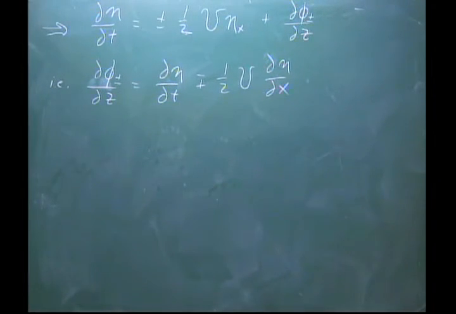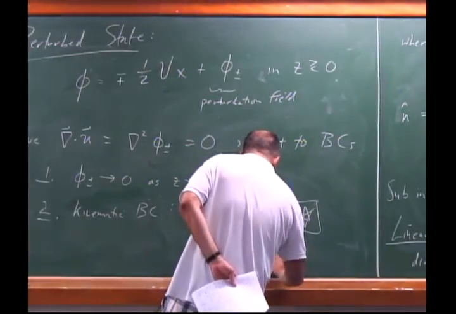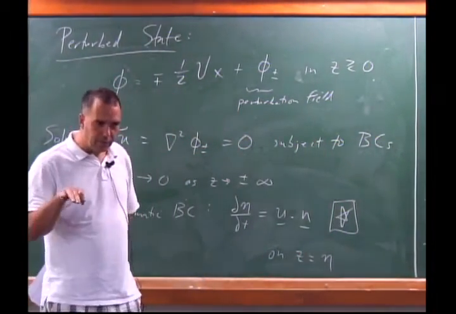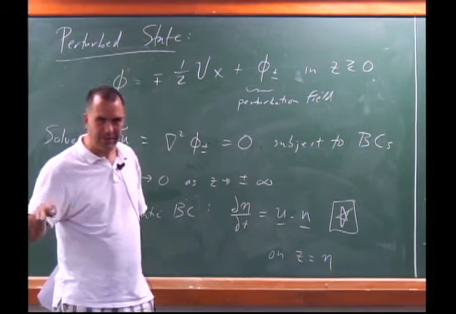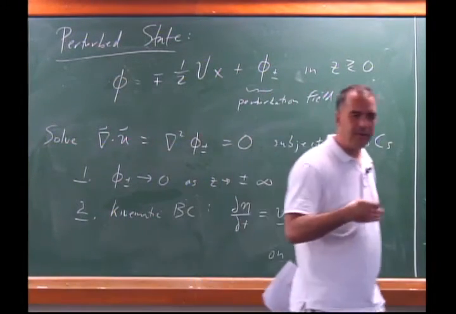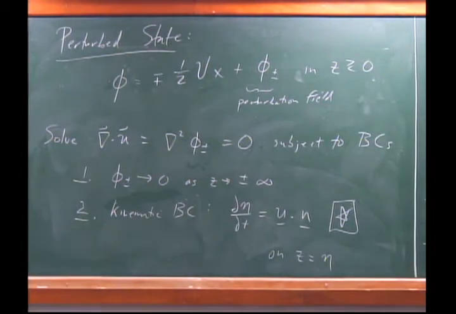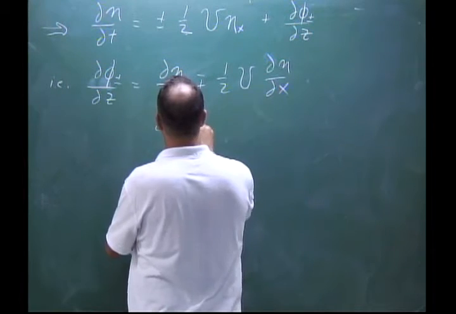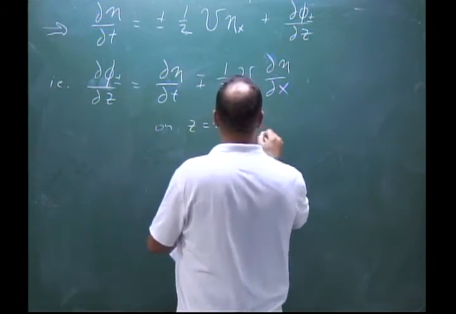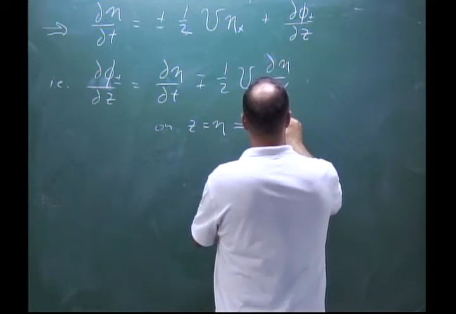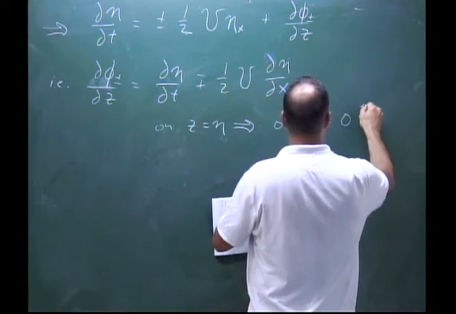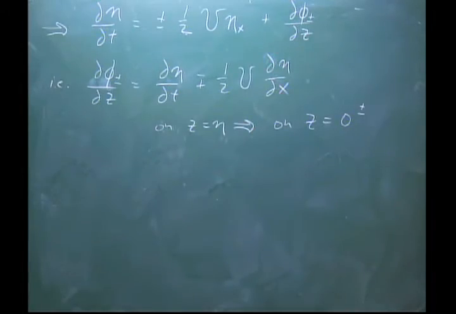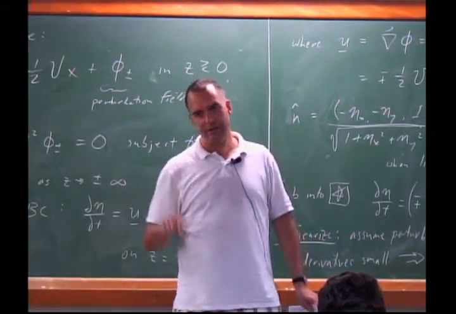So the interface is, of course, on z equals nu. But again, we're assuming these are infinitesimal perturbations, so you basically can just say these boundary conditions apply at z equals 0. Okay, so that's all consistent with the linearization. You're basically saying, again, infinitesimal perturbations, so let's just apply the boundary conditions at 0.